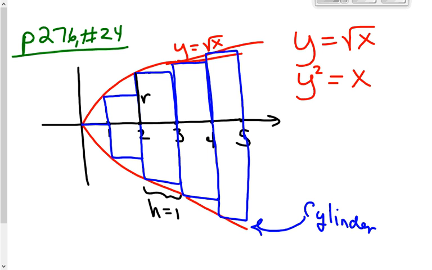Now, we could solve this 2 different ways. You know what the volume of a cylinder is, right? What's the volume of a cylinder? Pi r squared h. Okay.